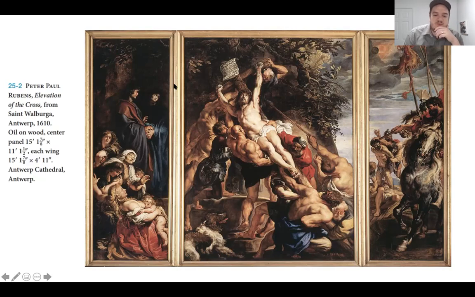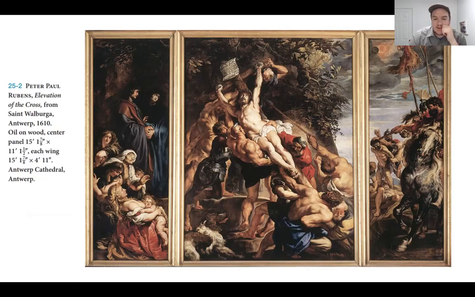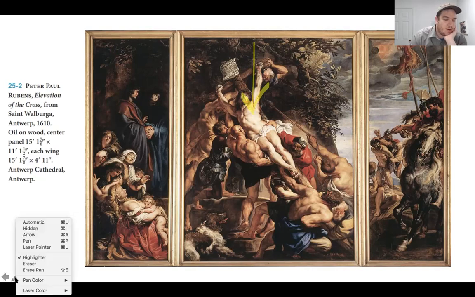It's also important that you can see how tan and healthy these guys look, and then Jesus is super pale and kind of green, and he's got blood coming out of his wrist. So it's like the divine light shines upon Jesus there, and these guys are not fully lit, or as bright as Jesus is.